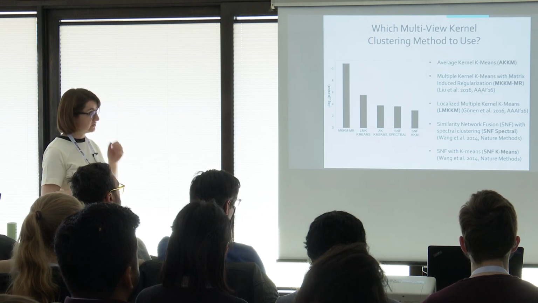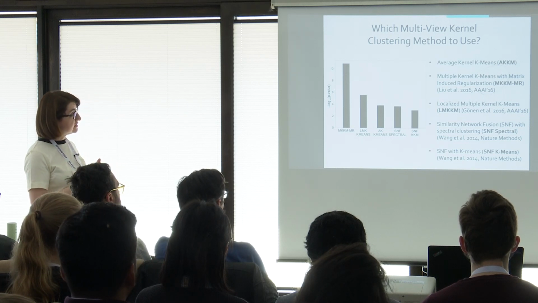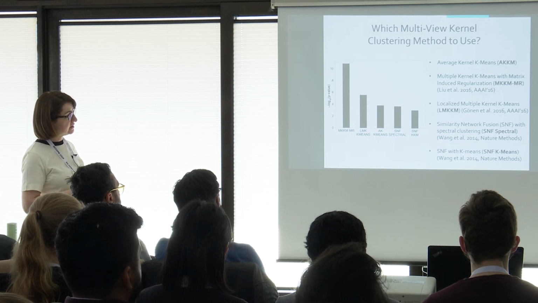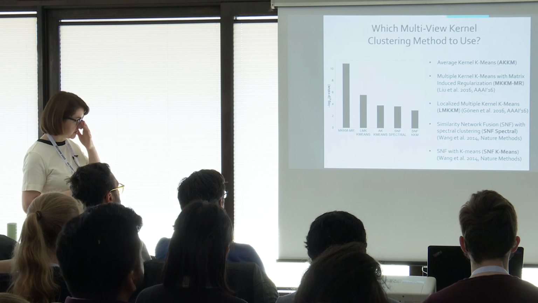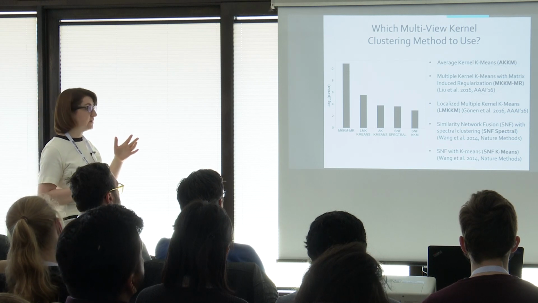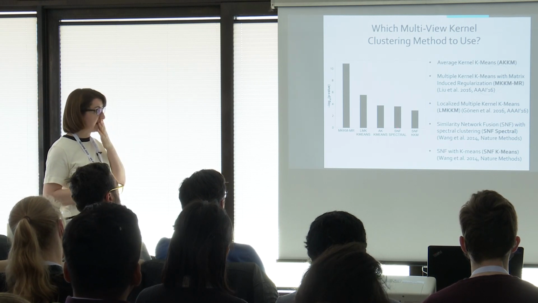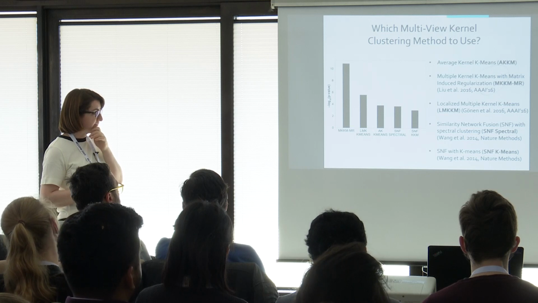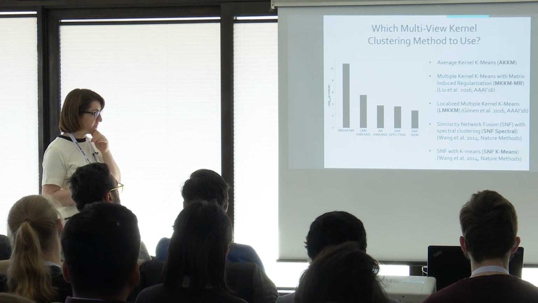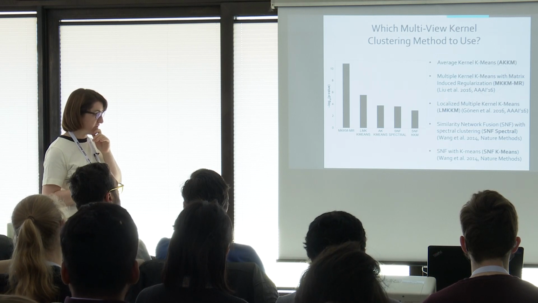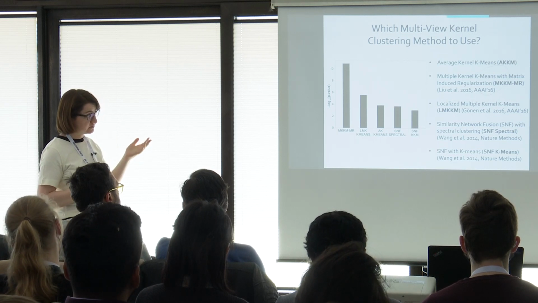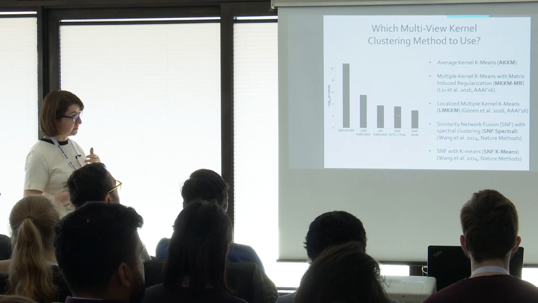And we have the multiple kernel k-means with matrix-induced regularization. The higher the bar here, the lower the p-value, meaning we are doing a better job. This is applied on kidney renal cancer, KIRC. And here we find that multiple kernel k-means with matrix-induced regularization does a good job compared to the other ones.